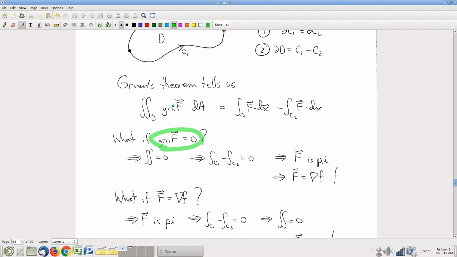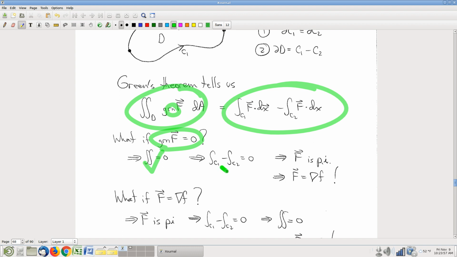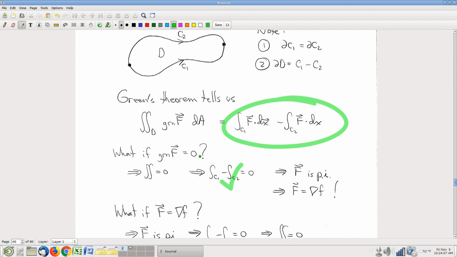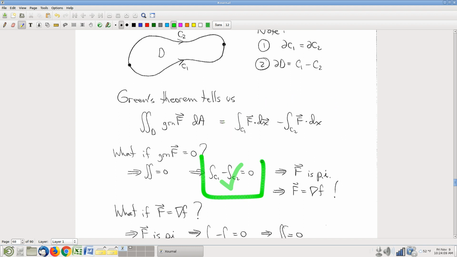Well, that means that the integrand there is 0. That means that this left side of the equation is 0. That means that the right side of the equation is 0. That's how equations work. And wait a second, if we have a vector field where, whenever you have any two curves that start and end at the same point, you always get the same value for the line integral, that means path independent.